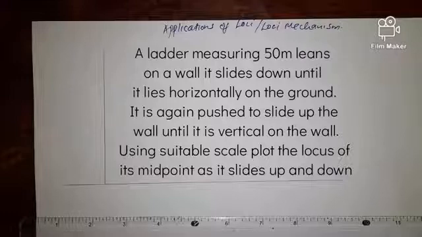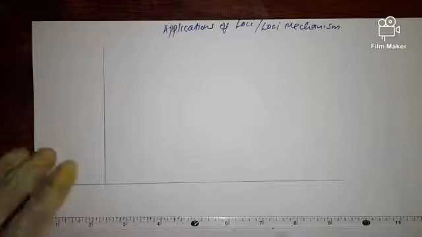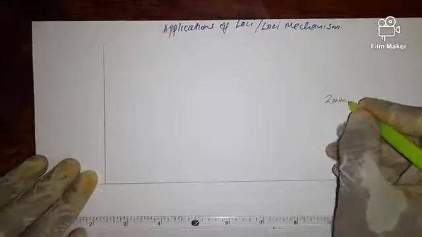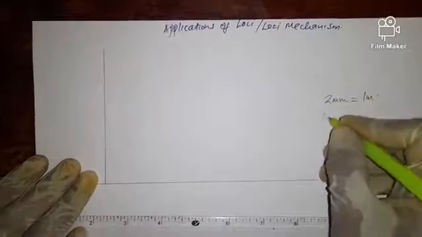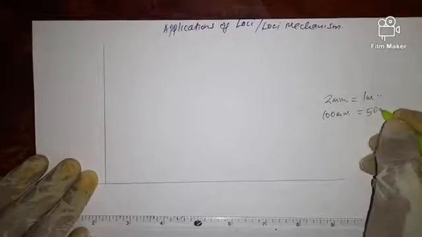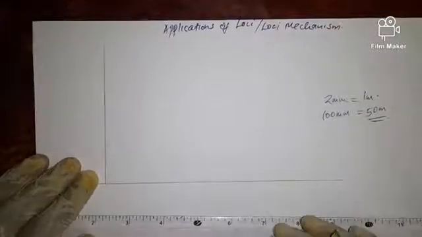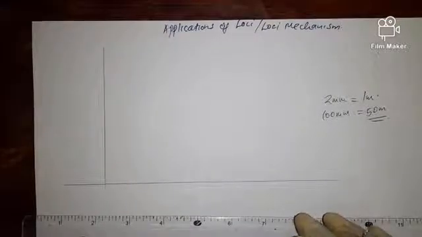So what you can see here is our profile of the wall and the floor. Therefore, we are going to use a scale of 2 mm to represent 1 meter, so that we use 100 millimeters for the 50 meter length of our ladder.